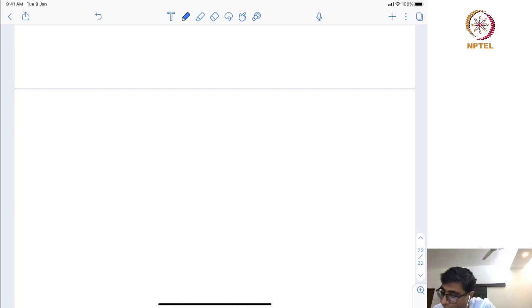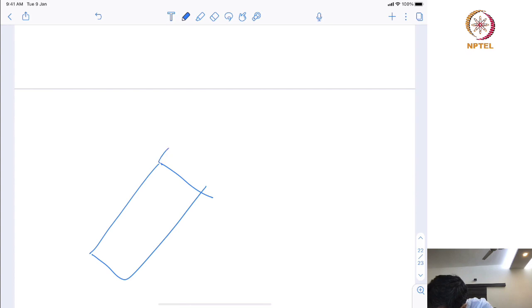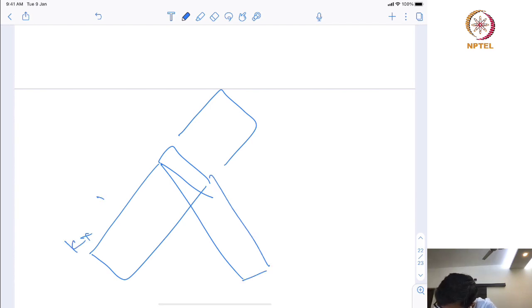In fact, notice what else it can contain. For example, suppose this is a k cross n by 3 grid, and this is another k cross n by 3 grid, and this is another k cross n by 3 grid.